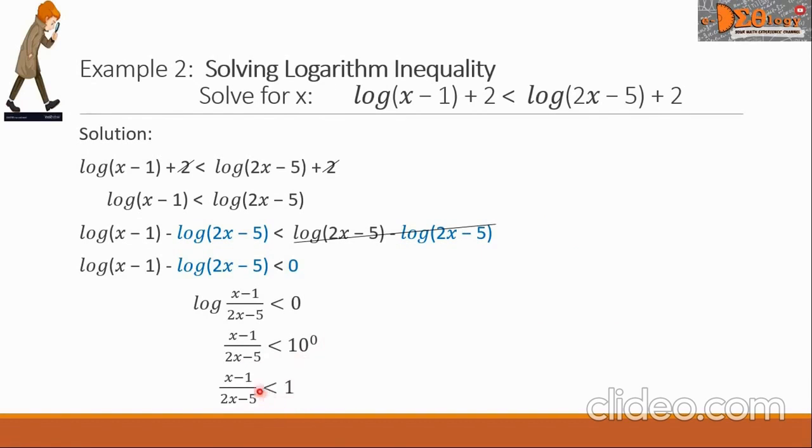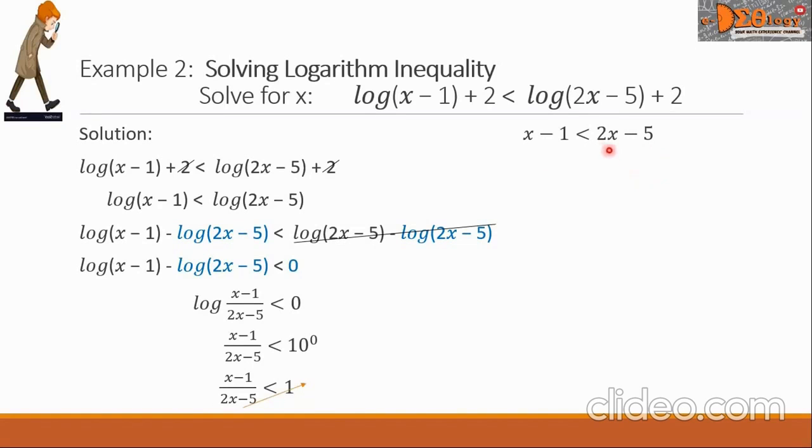Let us cross multiply the denominator to our constant on the right side of the inequality. So 2x minus 5 times 1. Let us continue on this side. So we will have x minus 1 is less than 2x minus 5. Now let us solve for x, putting all variables on the left side and all constants on the right.